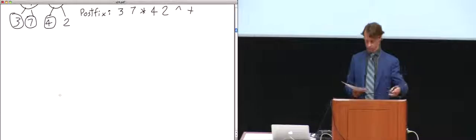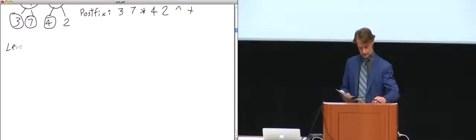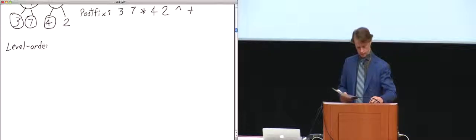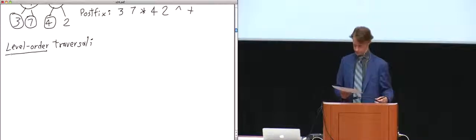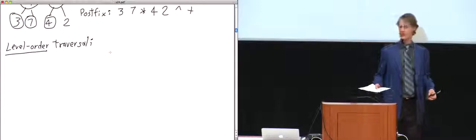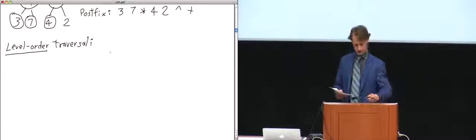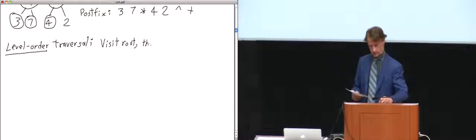So there is a fourth kind of traversal called a level order traversal. A level order traversal is different from the other traversals that we've seen in that you really can't define it recursively. So you visit the root, then you visit all the depth 1 nodes from left to right.